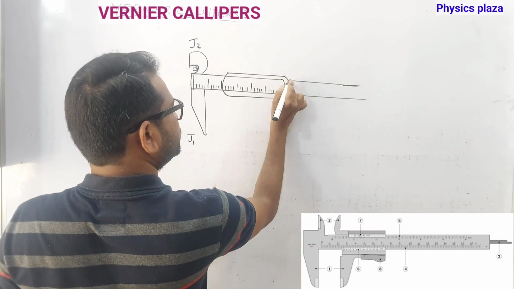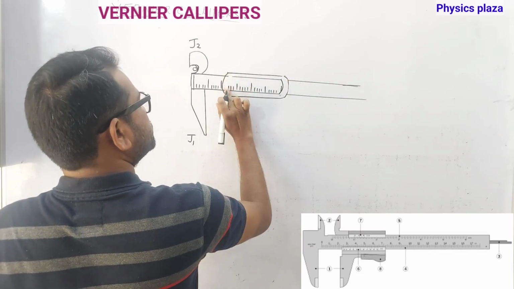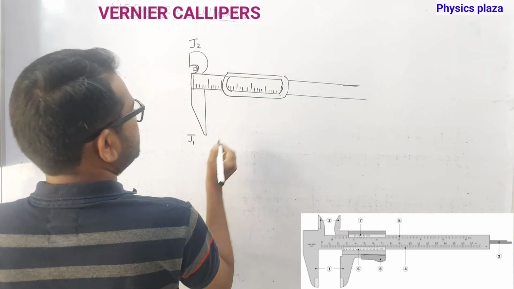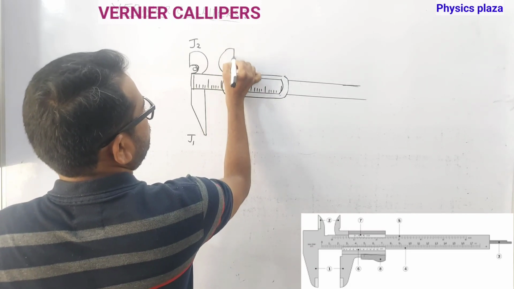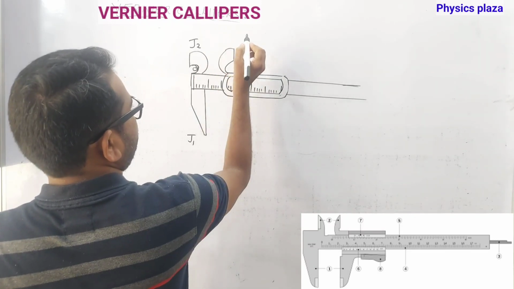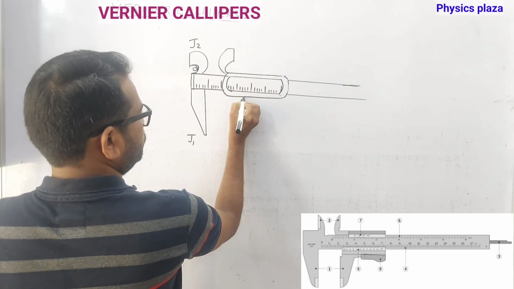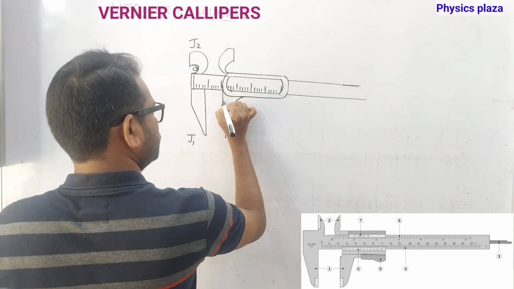Okay, so this is how the vernier scale is going to be. It can be slid. Okay, so for this, two more jaws will be there.